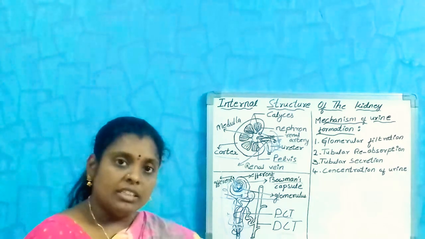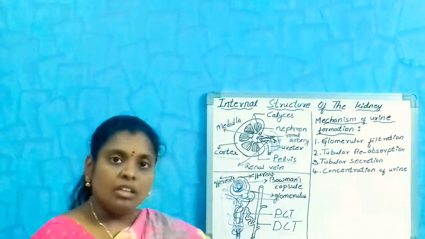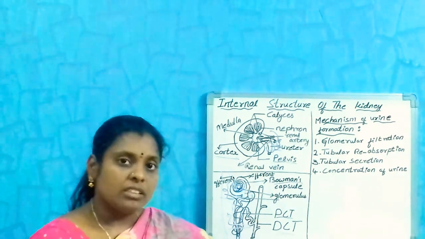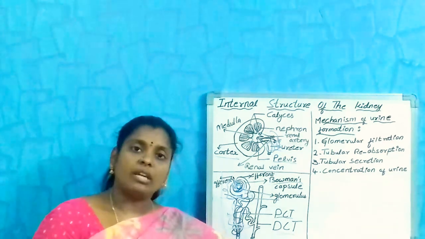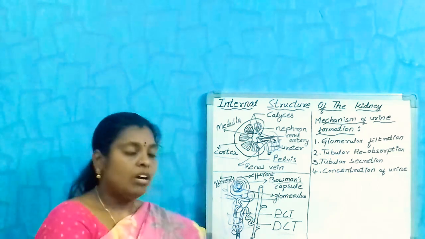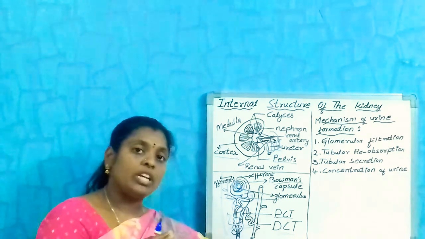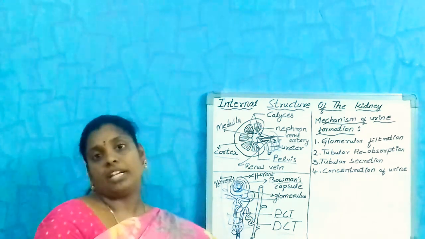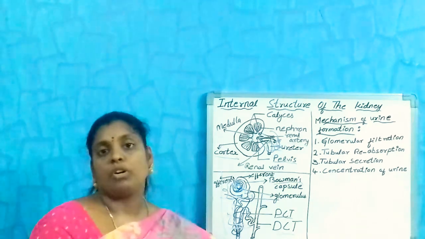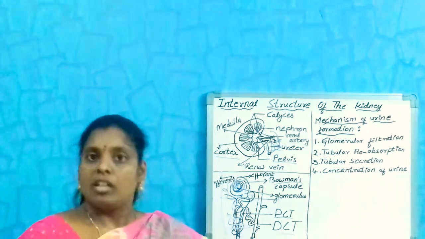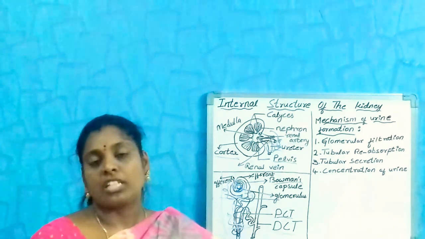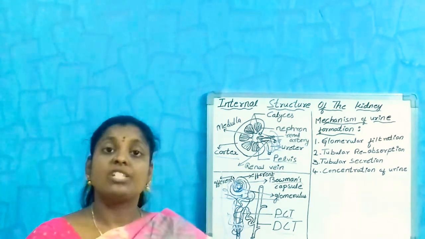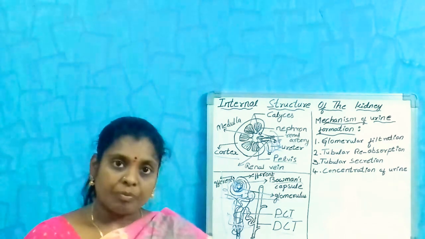When this formed urine is collected through the ureter into the urinary bladder, the complete urine has a higher pH value, and it is nothing but waste, the waste liquid part of the blood.